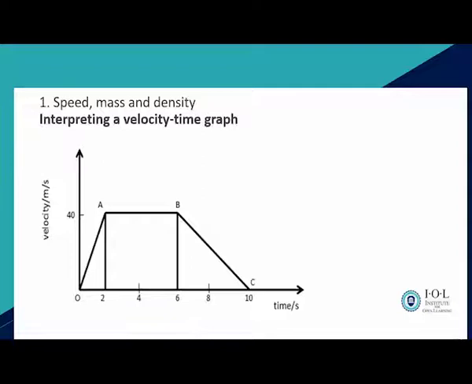It's showing the journey of an object moving from point 0 to point C. You should be able to describe how the object is moving from 0 to A, from A to B, and also from B to C.